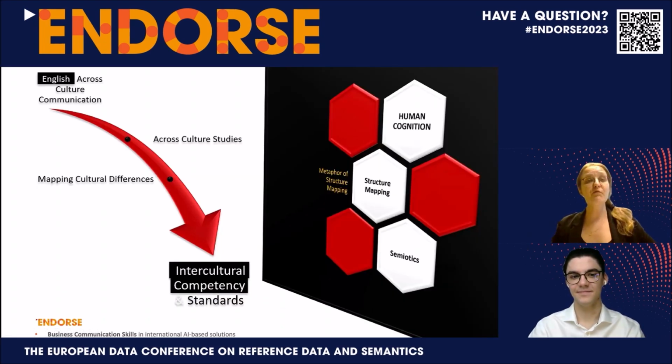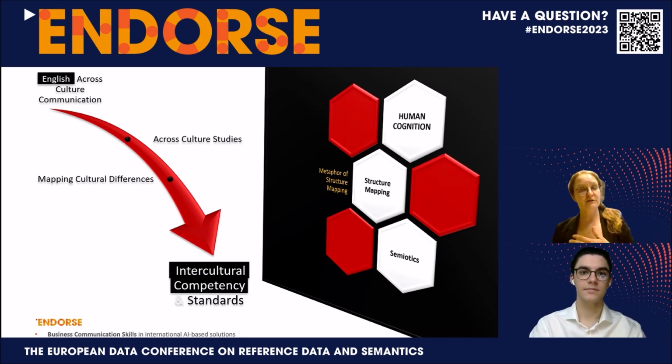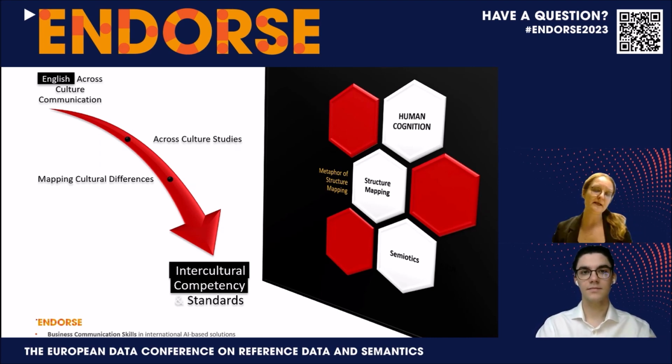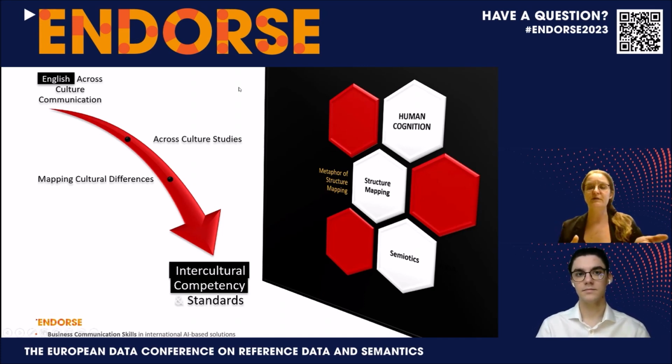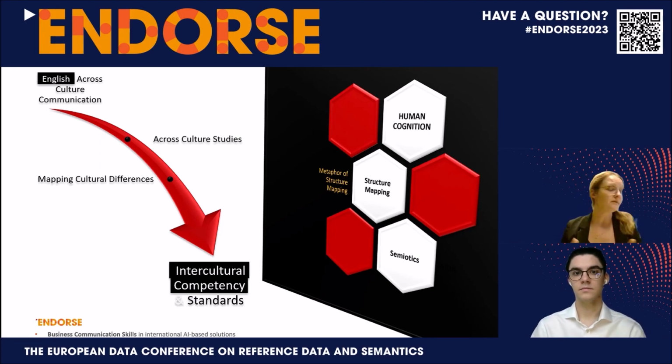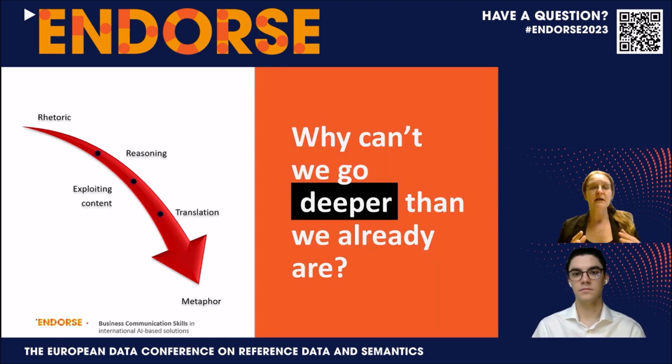Still, as for now, we've got, especially for English, that is the language of communication, in English across culture communication, across cultural studies, mapping cultural differences, and we are coming at the end to the intercultural competency and standards that includes human cognition, structure mapping, semiotics, and metaphor of structure mapping that is related to our humanity.